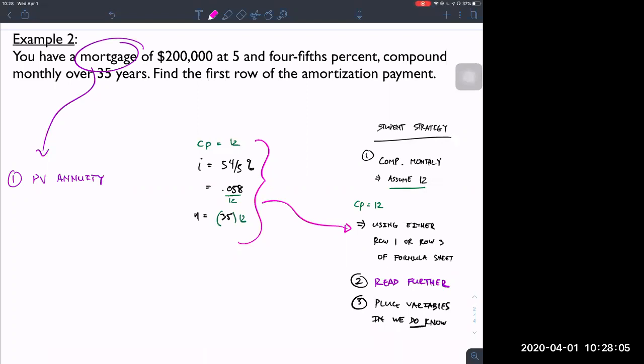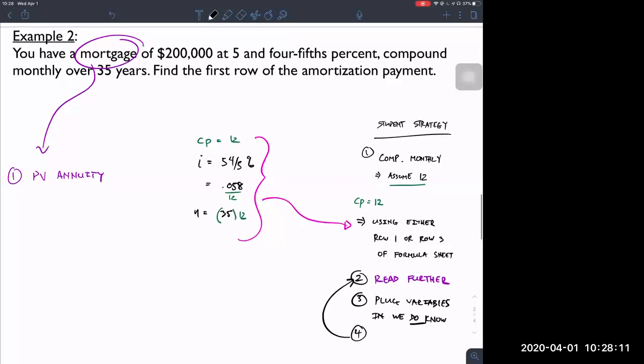Now you repeat. You read further, right? Okay, now this is where you want to chime in terms of what I say in class. So how do you know mortgage means annuity? Well, I told you mortgages involve multiple payments, not a one-time payment.